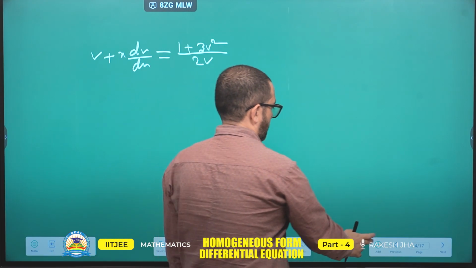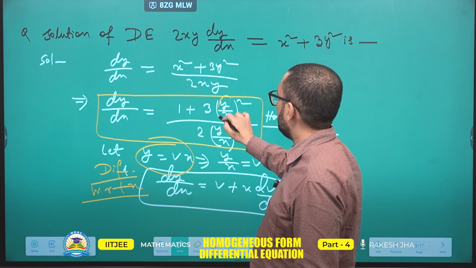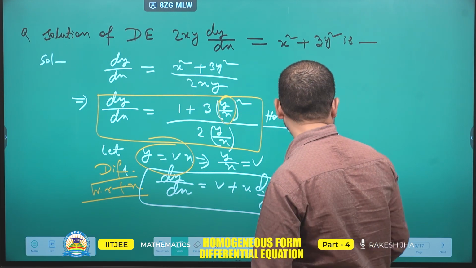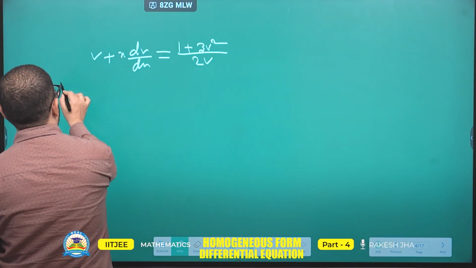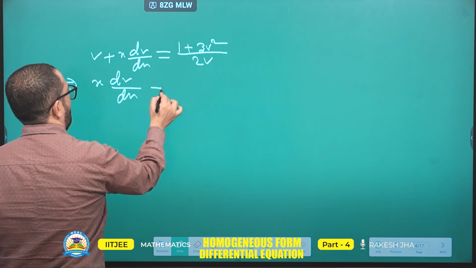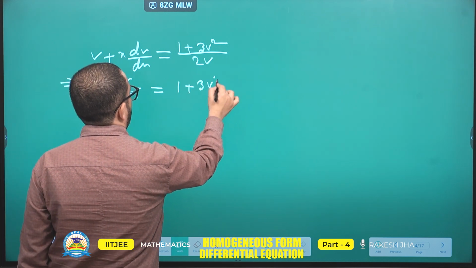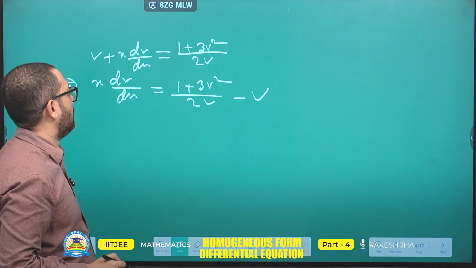Let's just cross check it. It's (1 plus 3v square) upon 2v. So we will go to the right side, so x times dv by dx is equal to (1 plus 3v squared) upon 2v minus v.